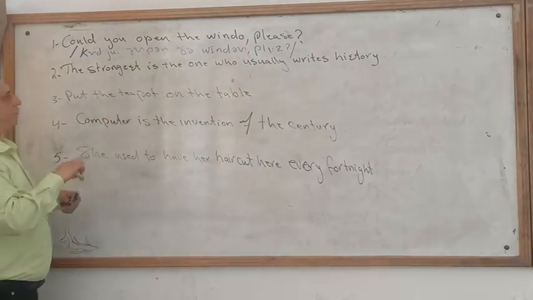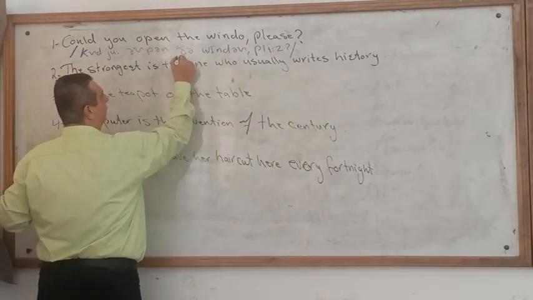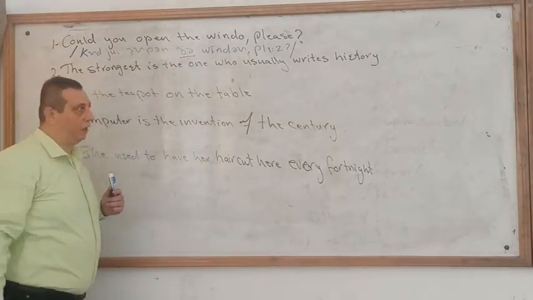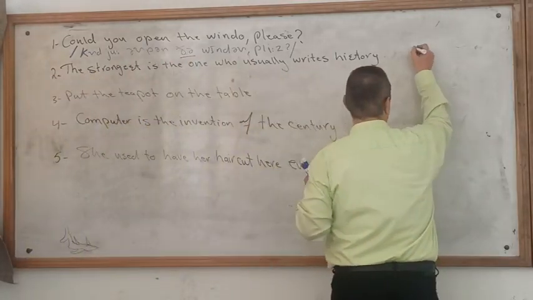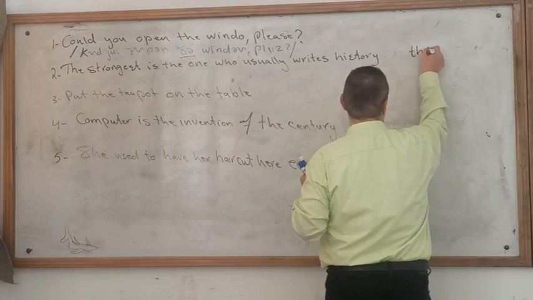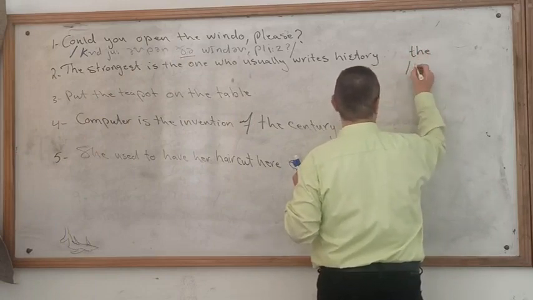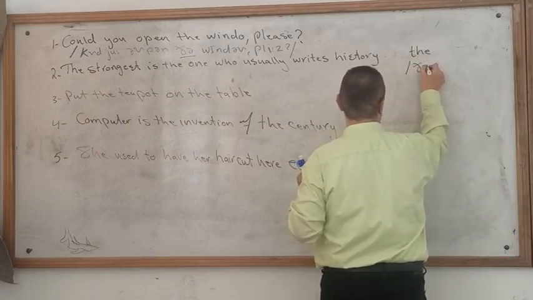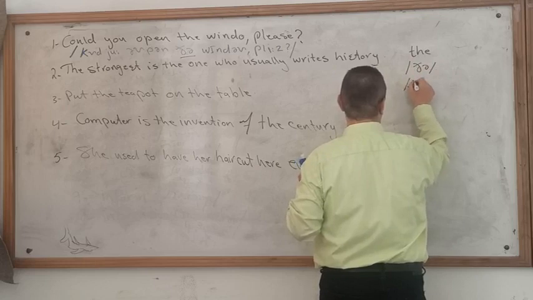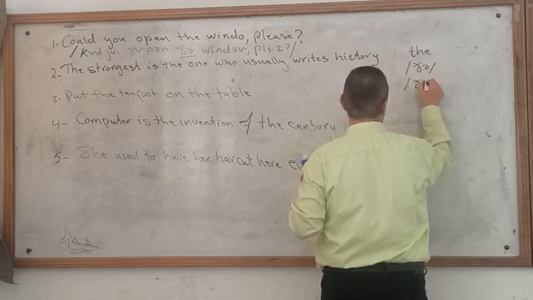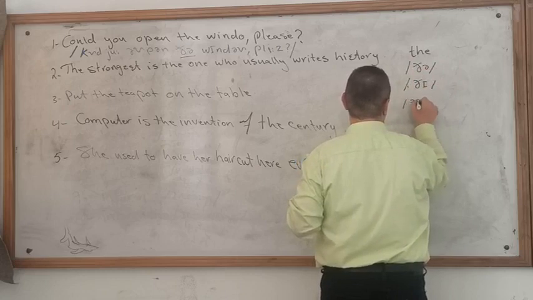So here we have this word, that. The article that. It has 3 ways of transcription. It's either the, or the, or the.